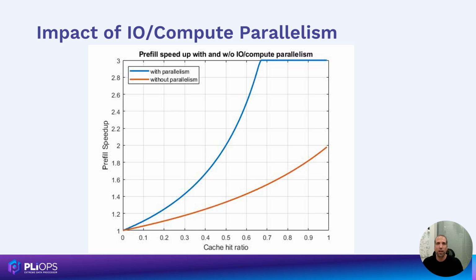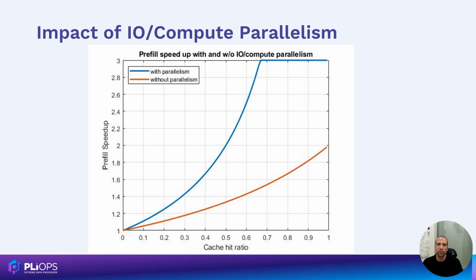Let's start with the orange curve, which is without IO parallelism. This represents a system where IO and compute are executed sequentially. Retrieval happens first, followed by compute. While there is still speedup, it grows gradually and remains below 2.